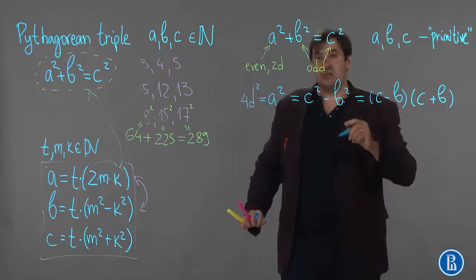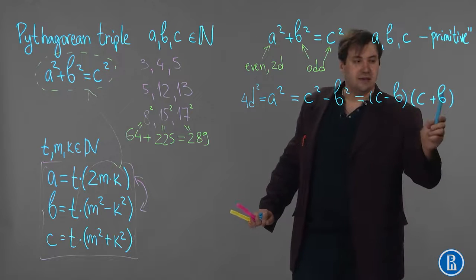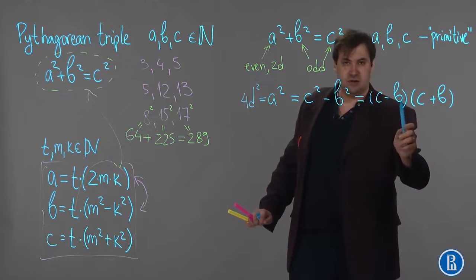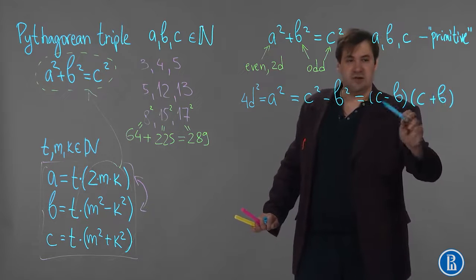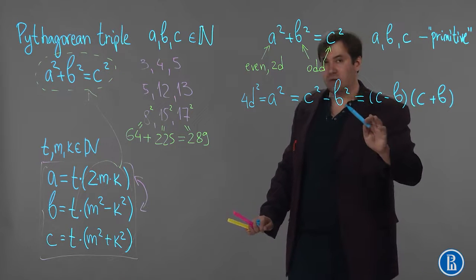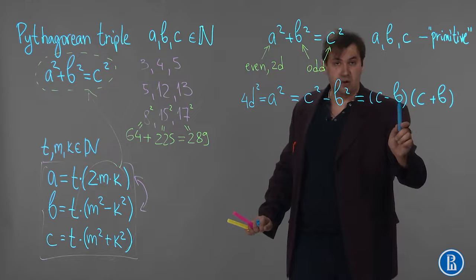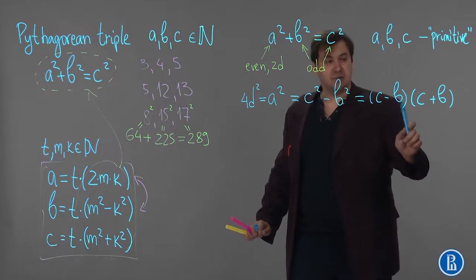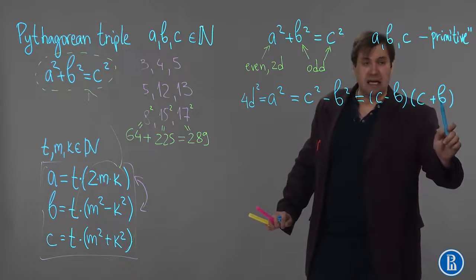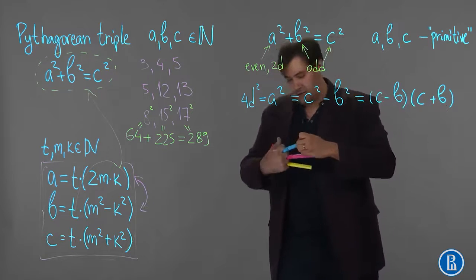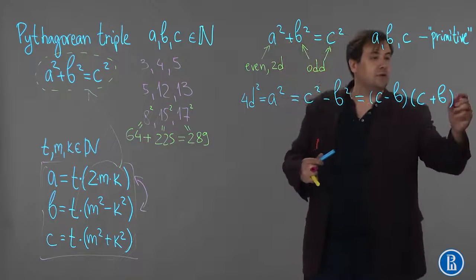After that, notice that since b and c are both odd, then this expression here and this expression here, their difference and their sum, are both even. So we can divide this whole equation by 4.